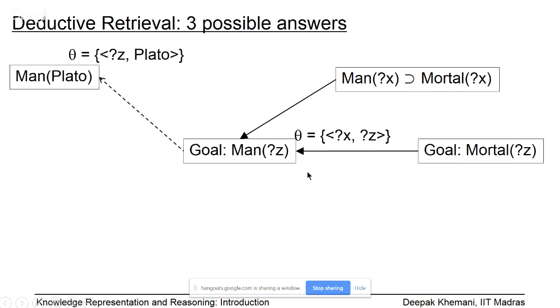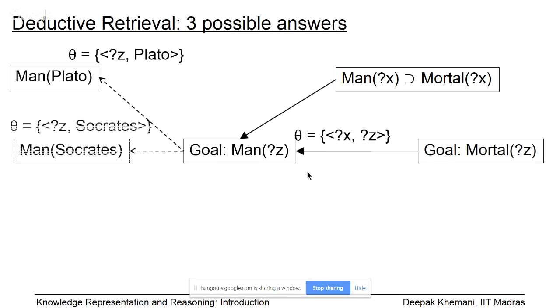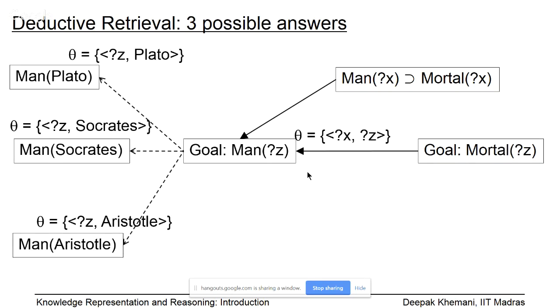Now if you had in your knowledge base that Plato is a man, then you could show that yes, Plato is mortal. Or if you had Socrates is a man, then you could show that Socrates is mortal. And likewise for any other person who is a man. If you have done programming in Prolog, you would see that once you get one answer, for example Plato is mortal, you can ask for the next answer.